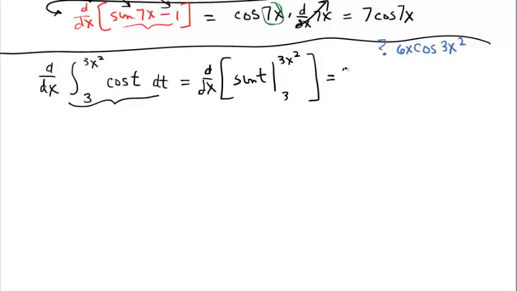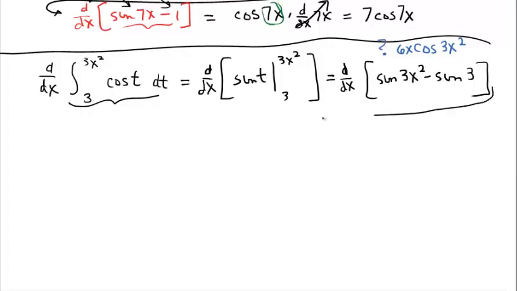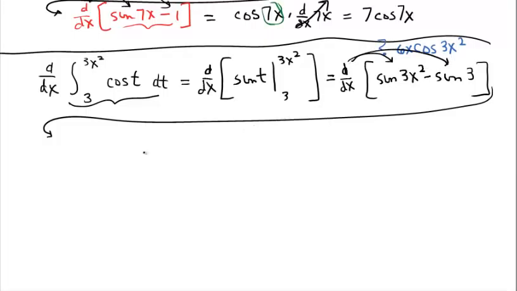All right, let's continue. D over dx, sine of 3x squared minus sine of 3. Okay, coming down here. Ready for differentiation. I performed all the integration I can do.